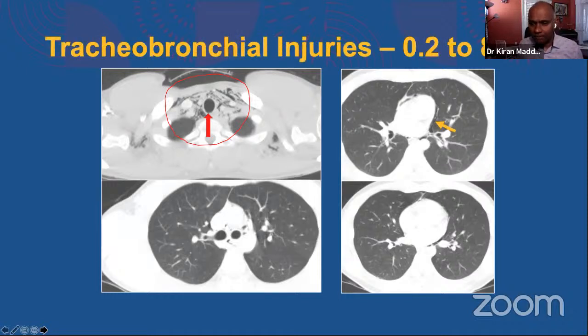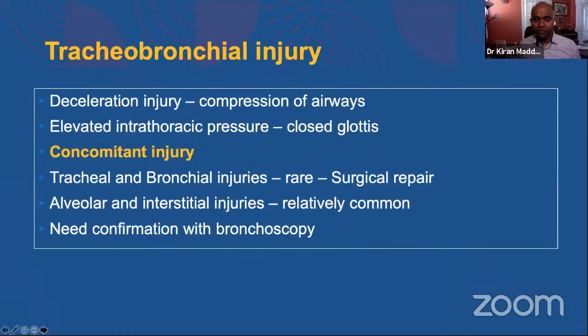It could be spontaneous, or it could be due to trauma. In trauma, the 2 things you have to be very sure about are whether it could be due to an alveolar injury or a bronchial injury. For that, you may have to do a bronchoscopy confirmation to see the bronchial injury. Not every time can you see the bronchial injury on CT.